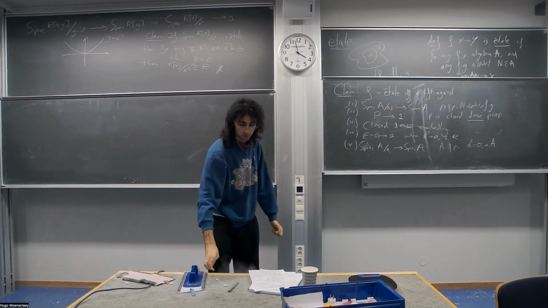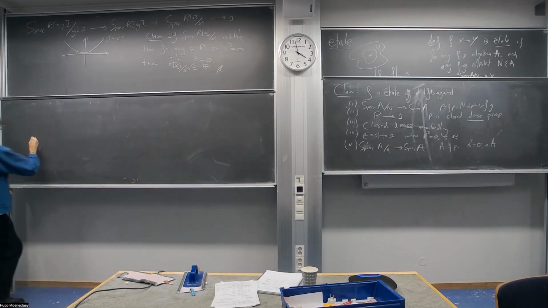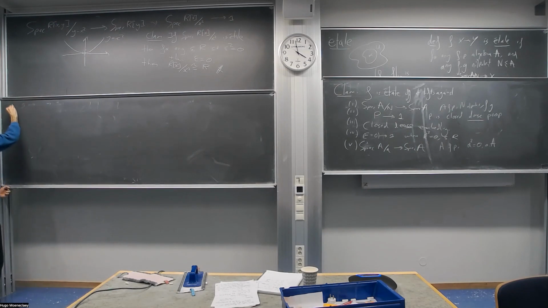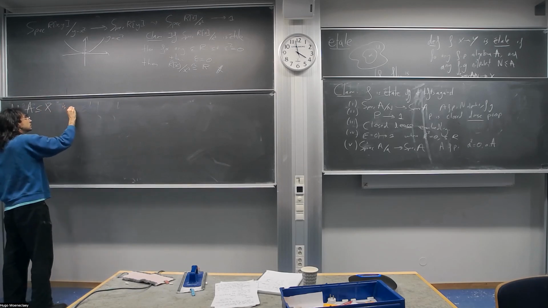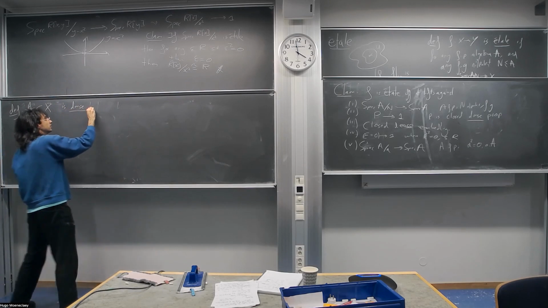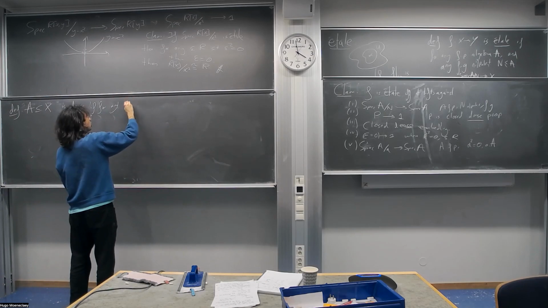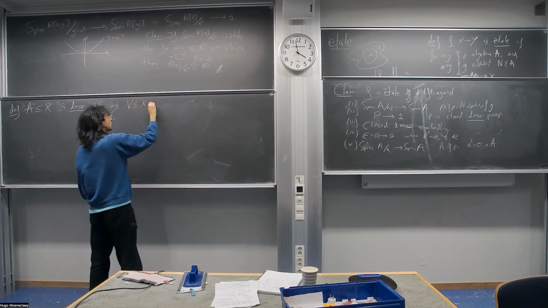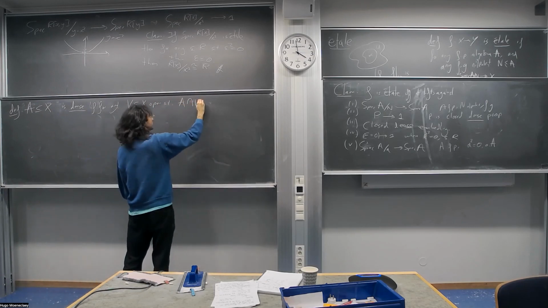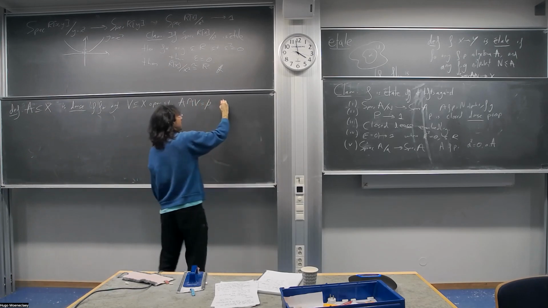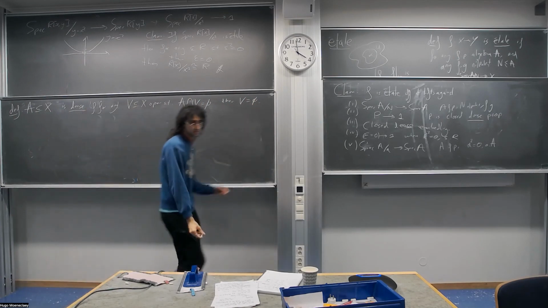Okay, so what does it mean for a type to be dense? We'll say a type A is dense if, for any open B, A intersect B is empty implies B is empty.